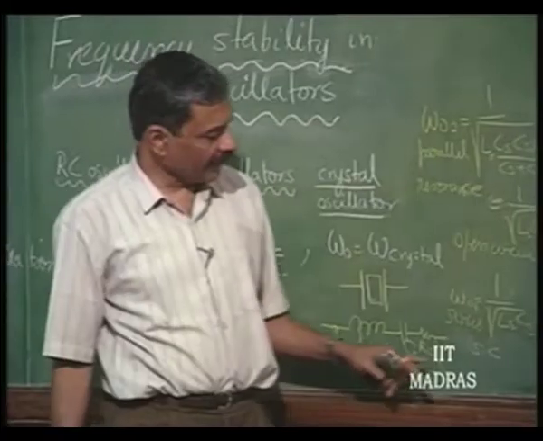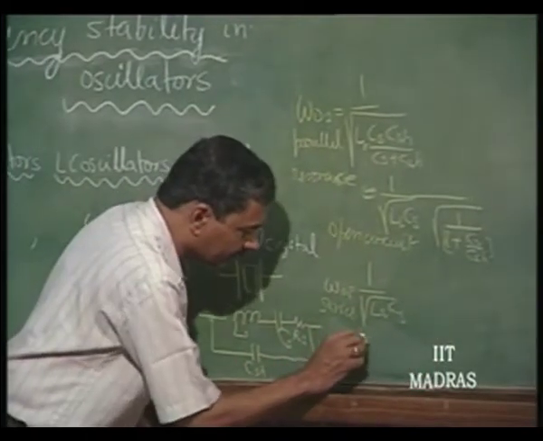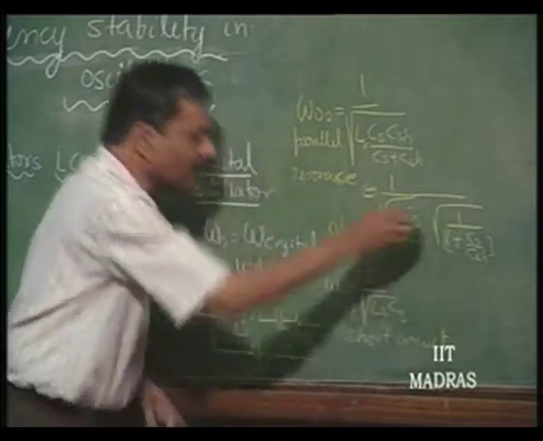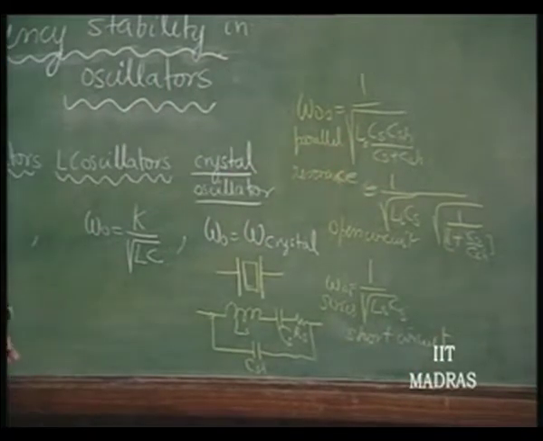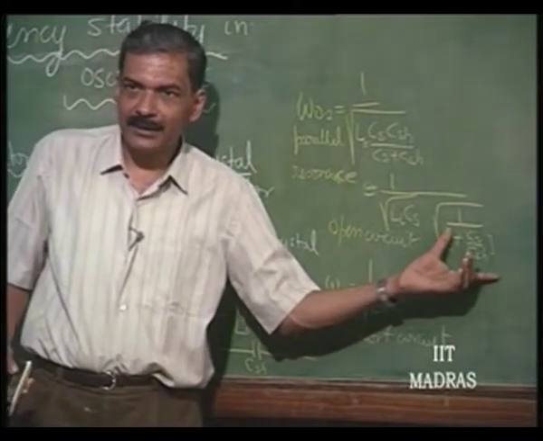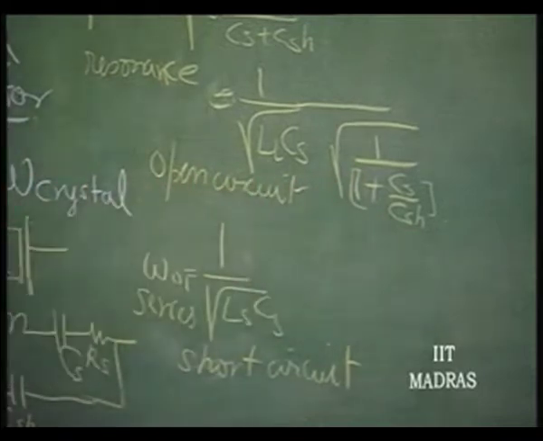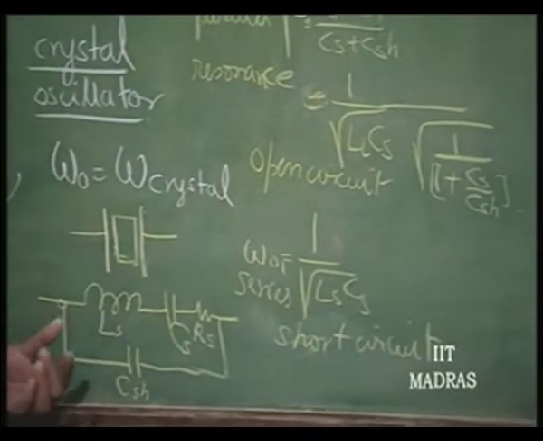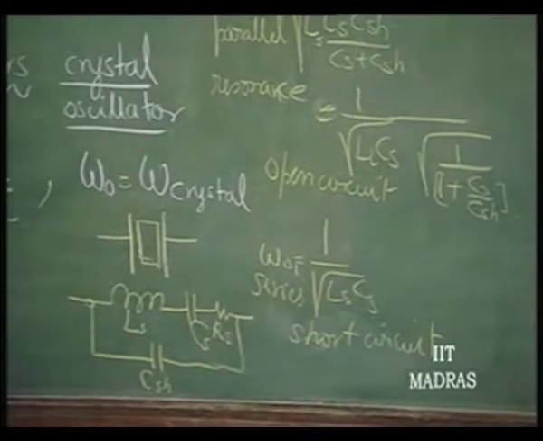So the impedance level can go from short circuit to open circuit around a small change in frequency. That small change in frequency depends upon this deviation here. So you can see that this is a very versatile circuit which will act as capacitive or inductive or short circuit or open circuit around the same frequency.